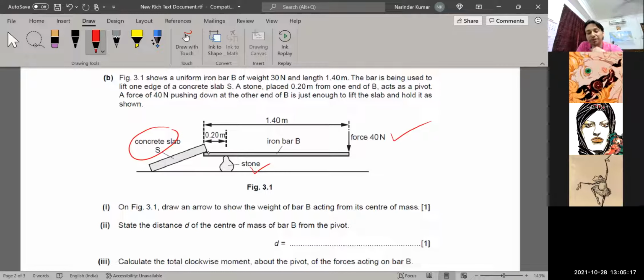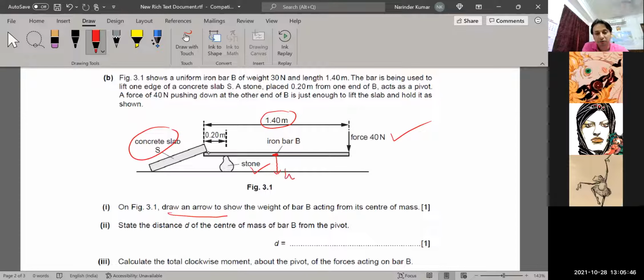On figure 3.1, draw an arrow to show the weight of the bar acting from its center of mass. Center of mass topic we also discussed, children. It's a uniform bar and its length is given 1.40 meter, so its center of mass will be at the center of this bar. With the help of a scale, put it exactly in the middle. You have to draw an arrow to show the weight.